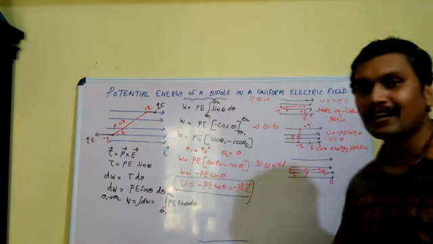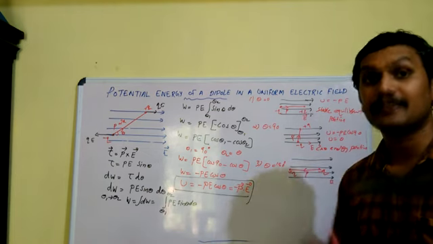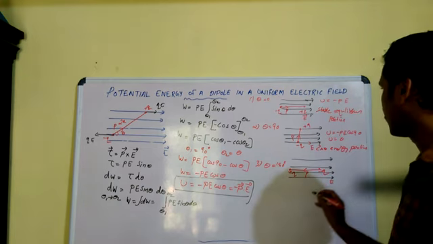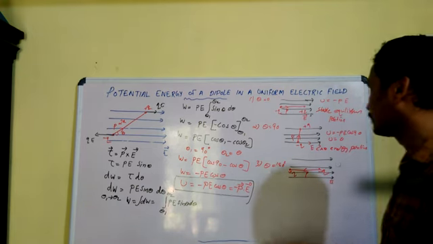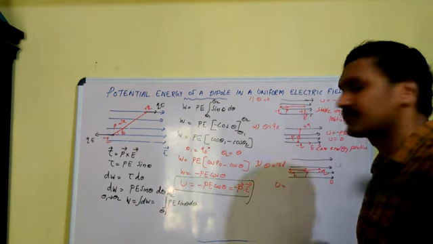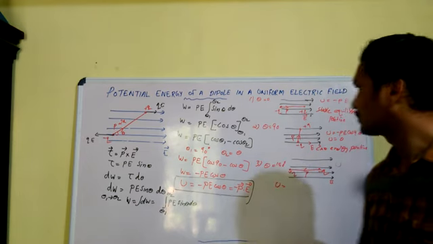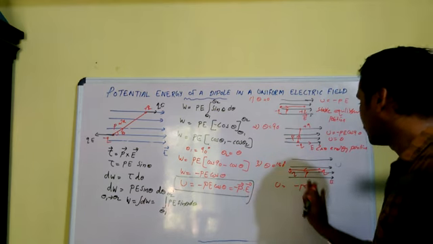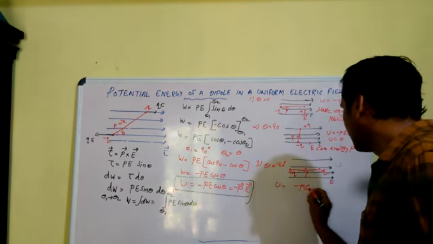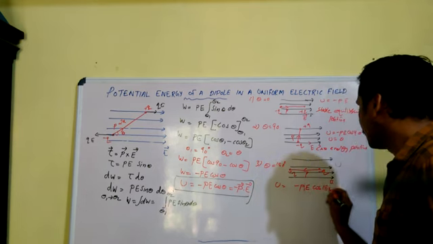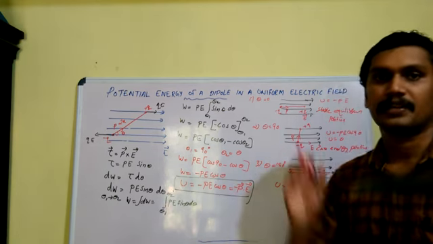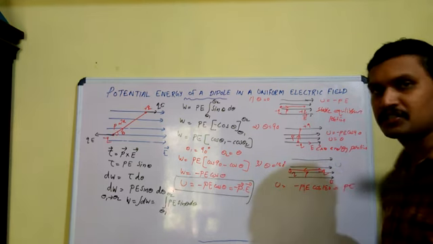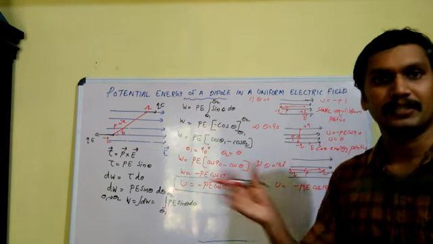P and E are opposite in direction, so theta is 180 degrees. What is the potential energy? U is equal to minus pE cos 180. Cos 180 is minus 1, so it becomes plus pE. The potential energy is maximum.